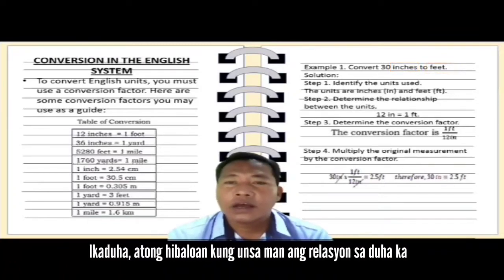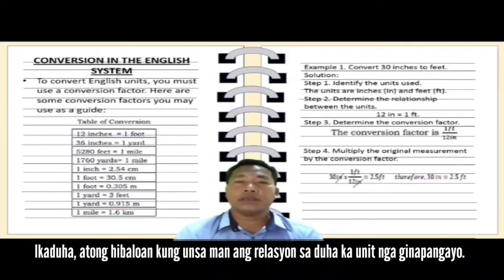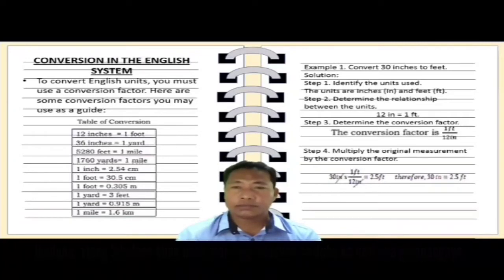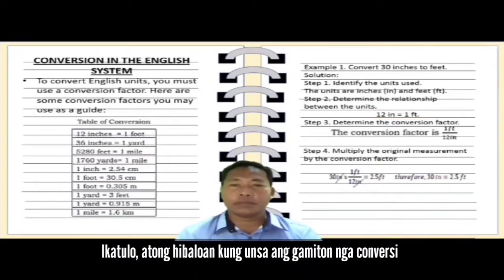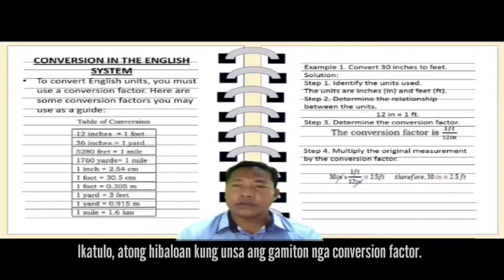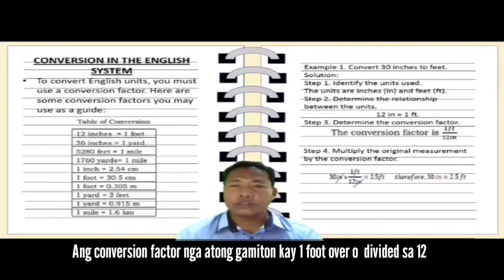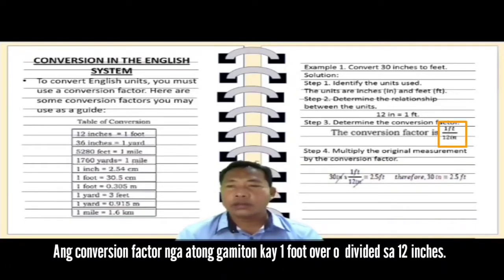Now, we're going to determine the relationship between the units. Okay. 12 inches is equals to 1 foot, according to our table conversion here. Now, step 3, determine the conversion factor. Now, the conversion factor is 1 foot over 12 inches.